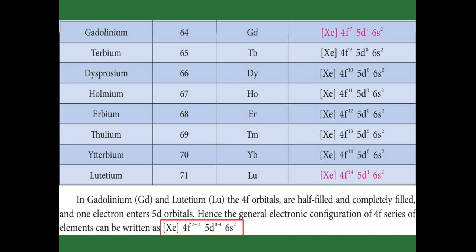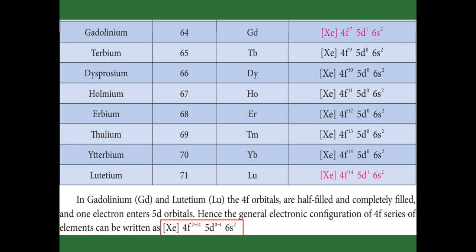Then in lutetium, the atomic number is 71 and the electronic configuration up to 54 is xenon, and the remaining electrons are 11. Those electrons fill into 6s2, 5d1 and 4f14. So here the last electron goes to the 5d orbital once again.